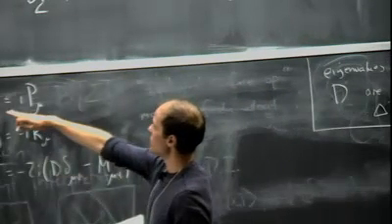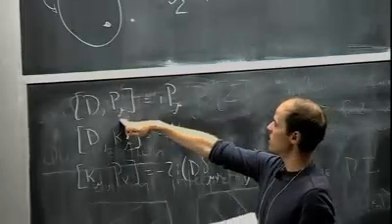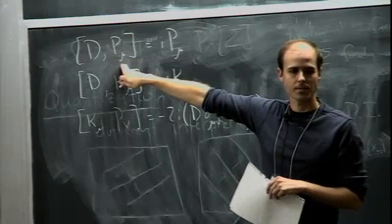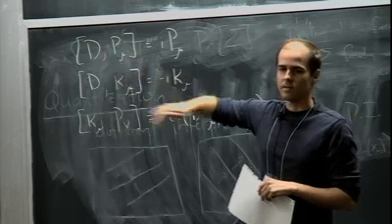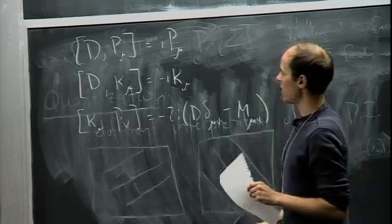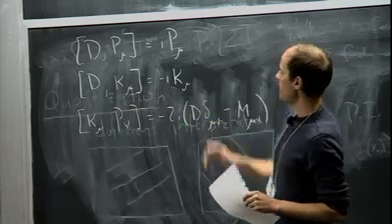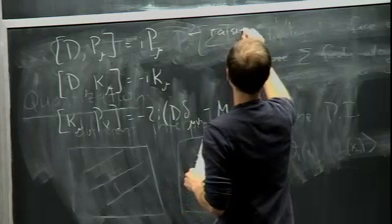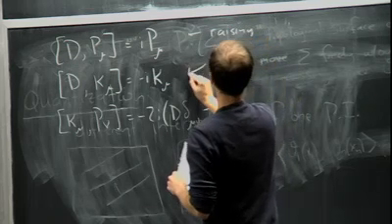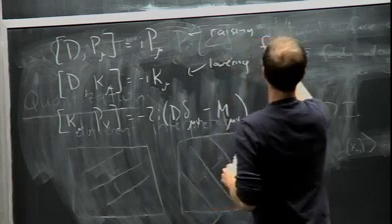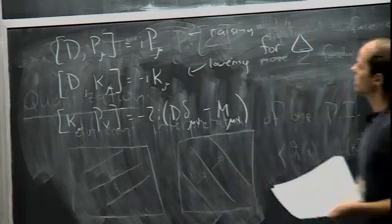So what this equation means is that P mu, momentum, is like a raising operator for dimension. If I have some state, I act with P mu, it has higher dimension by 1 than the original state. And similarly, K mu is a lowering operator. So raising, lowering for delta.